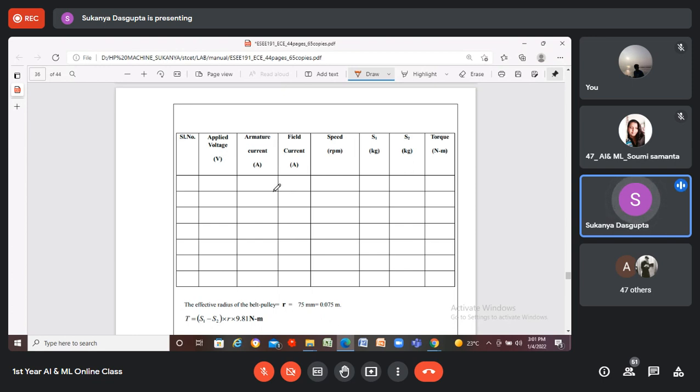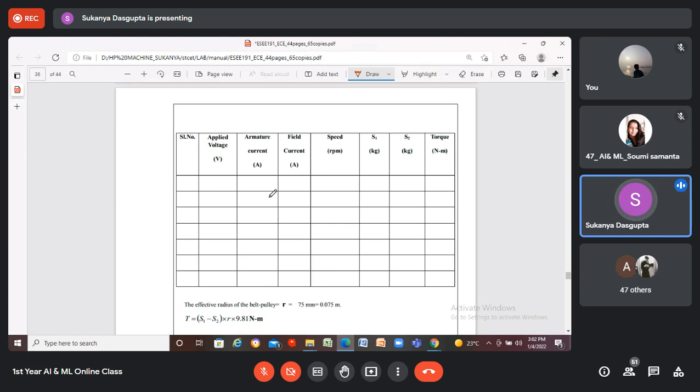The applied voltage means the voltage across the armature. When you're controlling the armature current, you will get armature voltage across the armature terminals A1 and A2, and this will also be kept fixed, right? That means keeping armature voltage, the applied voltage, and field current fixed, we will vary the armature current by varying the load, and in turn the speed will be varied, which will vary the torque, right?